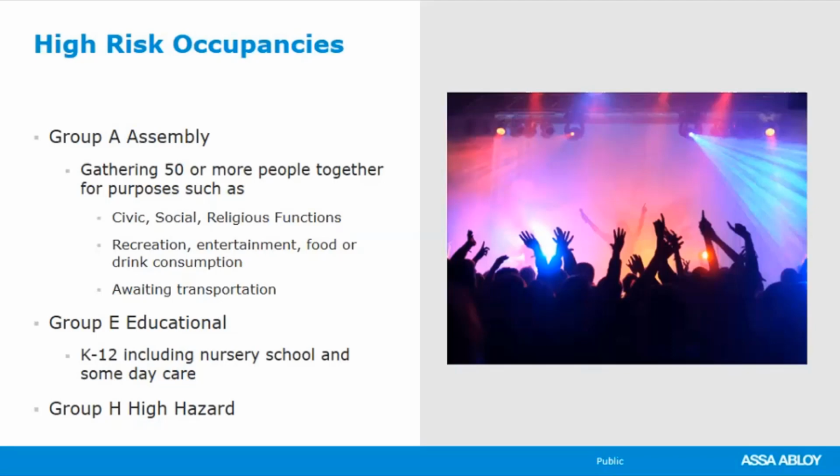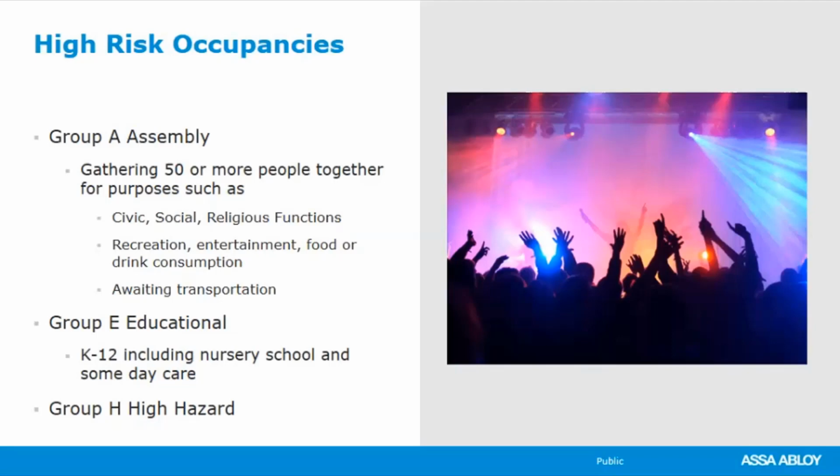This would include restaurants, nightclubs, auditoriums, movie theaters, football stadiums, and different rooms within buildings like a dining room or a multi-purpose room, areas where you have 50 or more people for those purposes. And it could even include a training room in a facility. So we're always looking for mixed occupancies that have Group A assembly intermingled with another occupancy type.